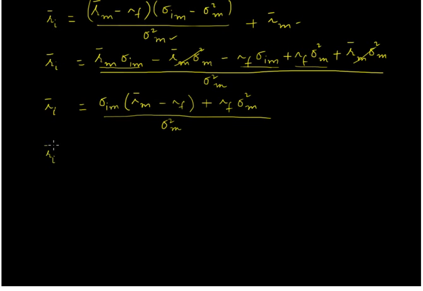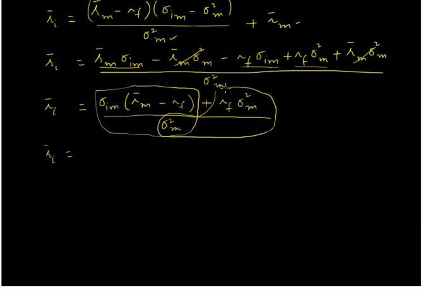We have Ri bar is equal to, I can write this part separately, and then I can write this part separately again. So let us write down the first part. We are going to have covariance between I and m over variance of m multiplied by Rm bar minus Rf, plus we are going to have Rf times variance of m divided by variance of m.